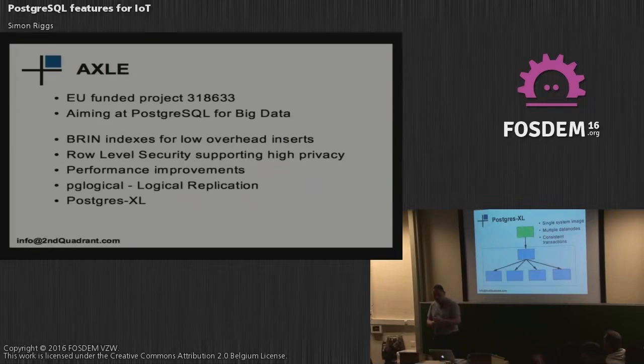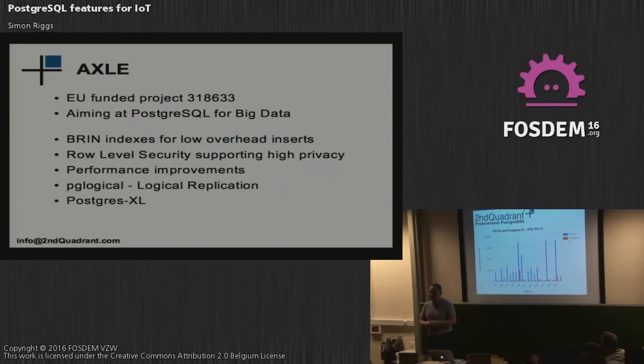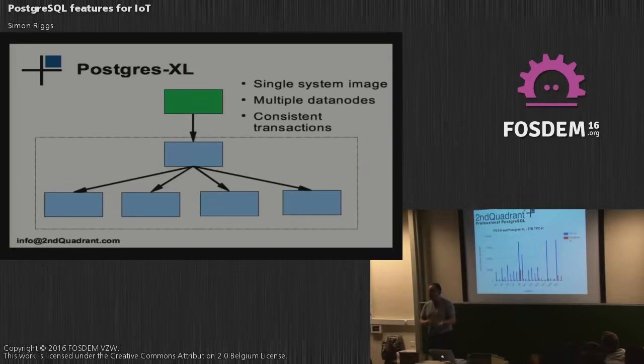So what have we got in terms of Postgres clustering? The idea is that we're going to have a database that is a single system image, but it's composed of many separate data nodes. This is just about to be released as beta. We've benchmarked it using the industry standard TPC-H benchmark, which is a complex decision support benchmark, not necessarily related to the Internet of Things.